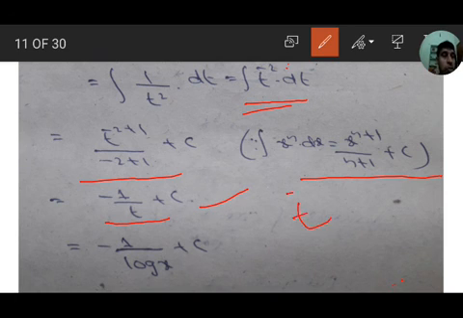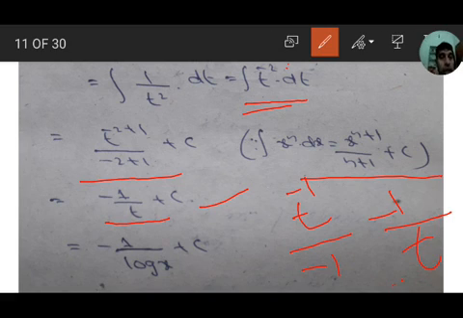This t to the power of -1 comes to the denominator, so it is -1 by t. T means log x, so -1 by log x plus c is the answer.